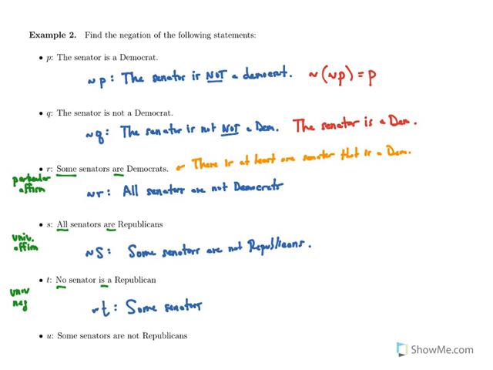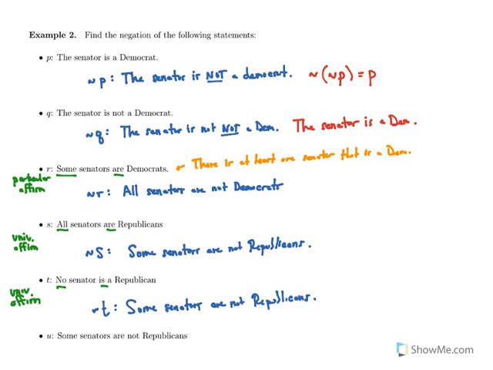So some senators are not Republicans. We go from universal negative to, our first thing is not universal negative, it's universal affirmative. So we go from universal affirmative to particular negative.